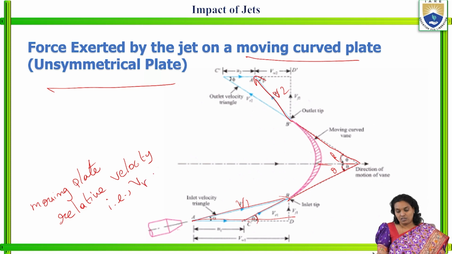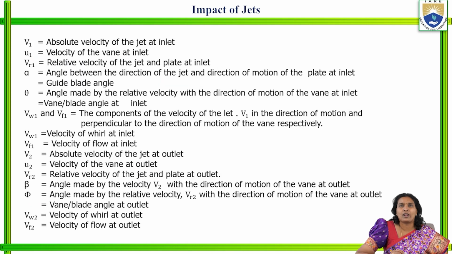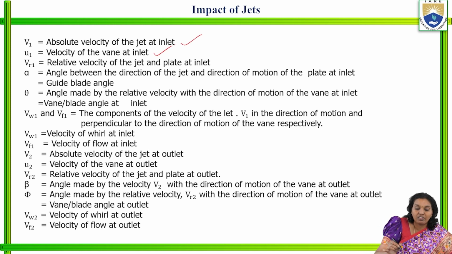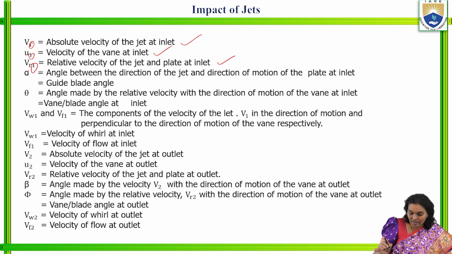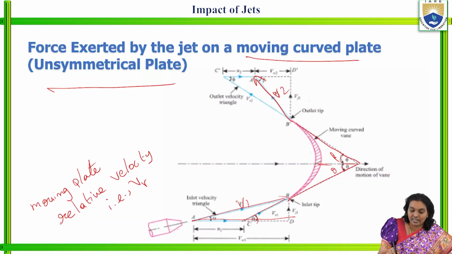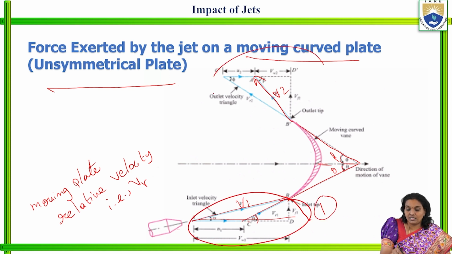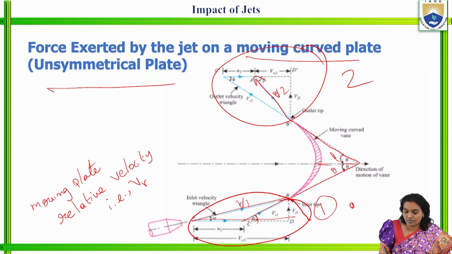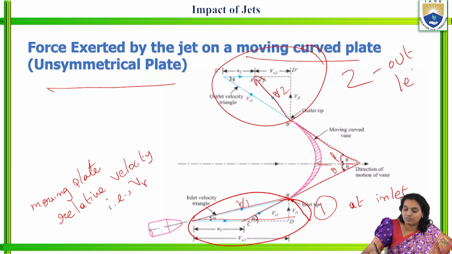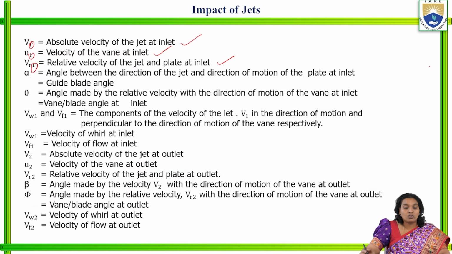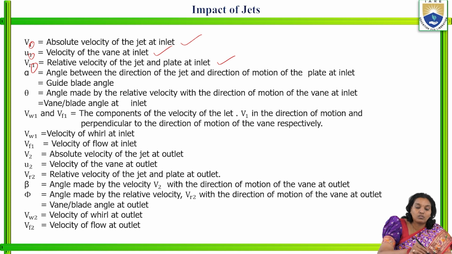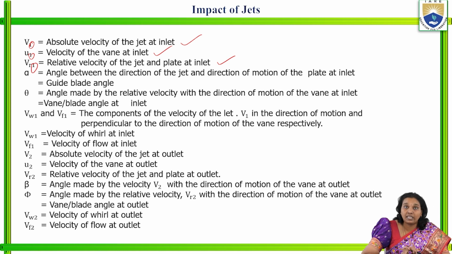That is VR. Here we are understanding these parameters. V1 is the absolute velocity of the jet. U1 is the velocity of the vane at inlet. VR1 is the relative velocity at inlet. We consider subscript 1 at inlet and 2 at outlet. So here V1, VU, VR, alpha, theta, VW, VF.